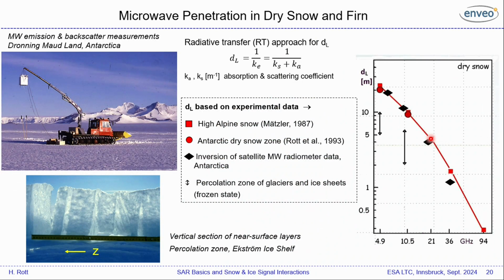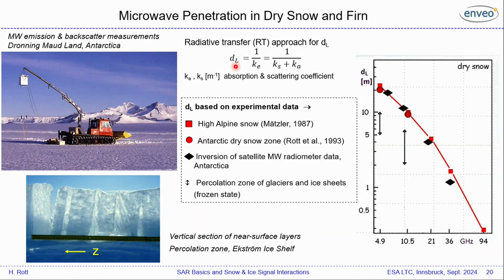This is another one for dry snow and firn. This was computed, measured, and partly derived from microwave radiometer measurements with a radiative transfer approach, where the penetration length is the distance where the power is reduced to a value of 1 over e, to 0.37.